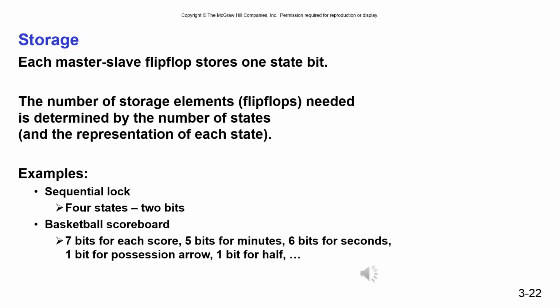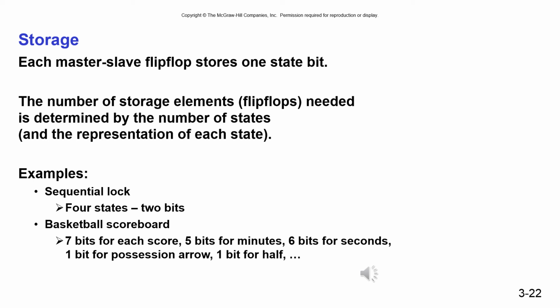As I mentioned in the previous slide, each of the master-slave flip-flop circuits stores just one bit. So for the instruction set architecture in the computer in front of me, we would have 64 of those to match the 64-bit architecture, bus size, if you will.